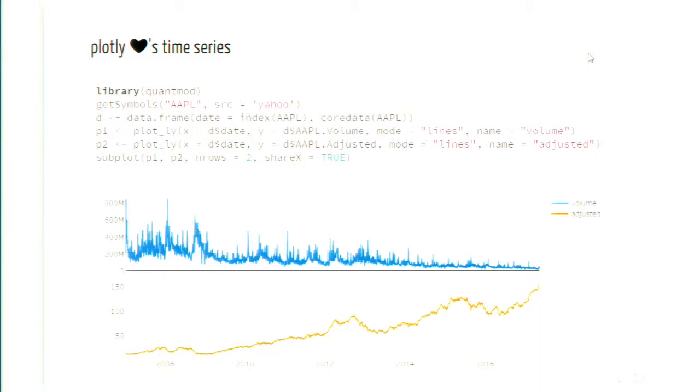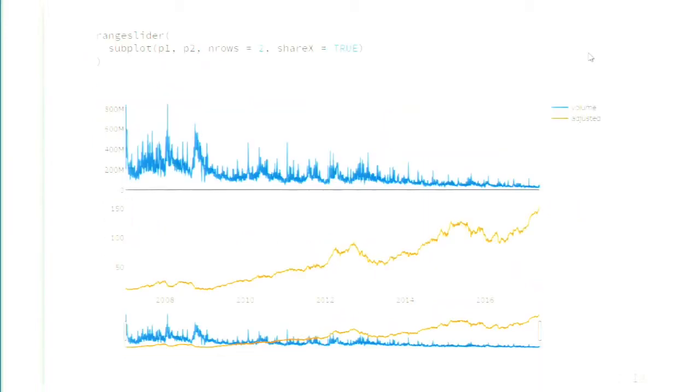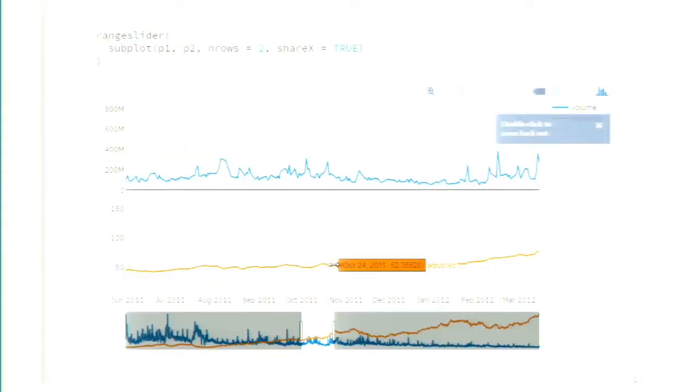It's also easy to add a range slider to this plot using the rangeslider function. Then you get this mini subplot at the bottom here, where now if I zoom and pan on a particular region of the x-axis, you can see not only the local activity, you can also see the global activity at the very bottom.